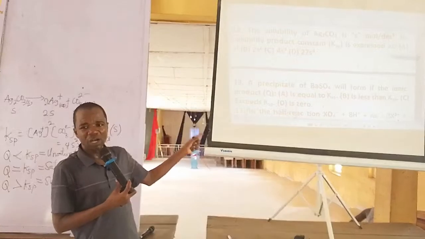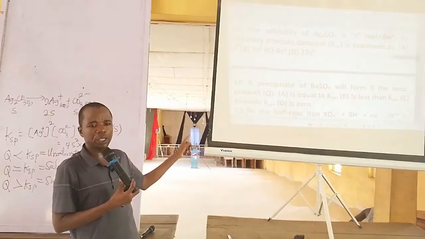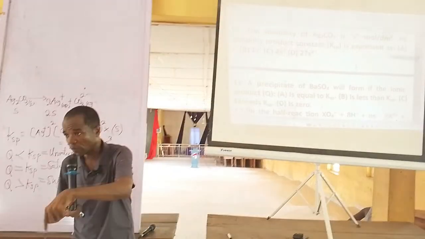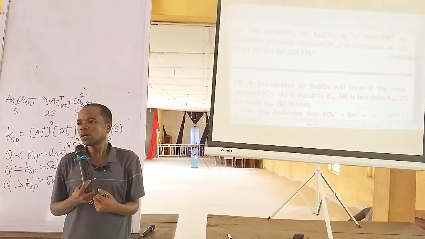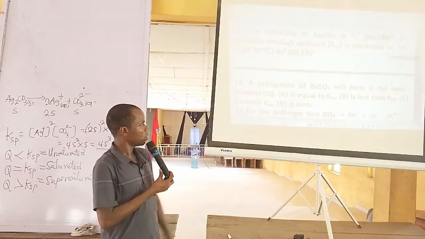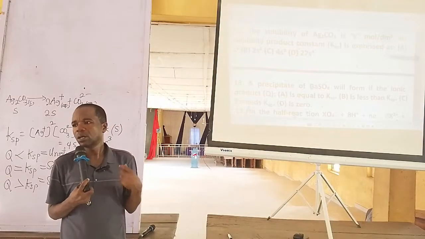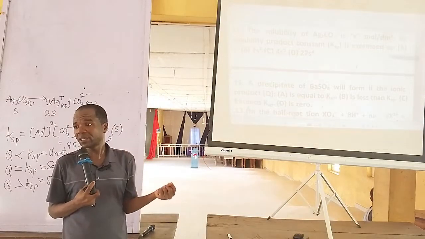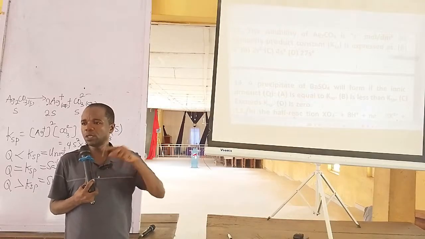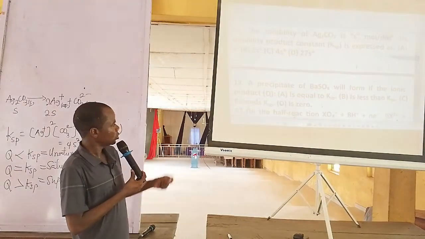But if Q is now exceeding, meaning it's higher than KSP, it means a precipitate of what had dissolved originally will now become crystalline and will come out of the solution, which is the correct answer here. And by the way, Q cannot be zero. It is either less than KSP, equal to KSP, or greater than KSP. It can't be zero. Let's come to number 13.